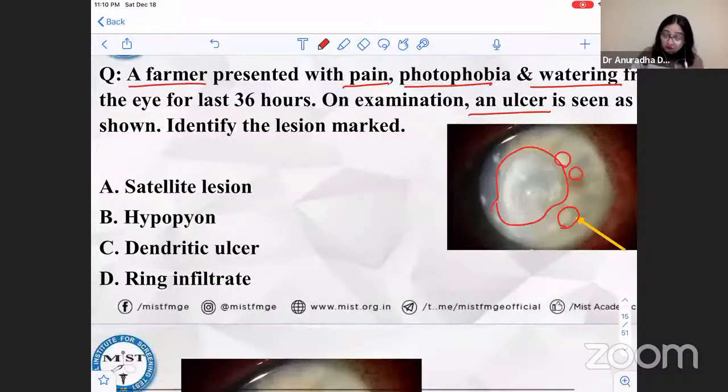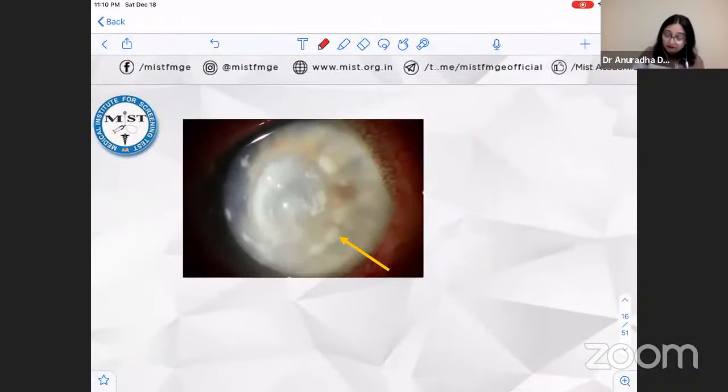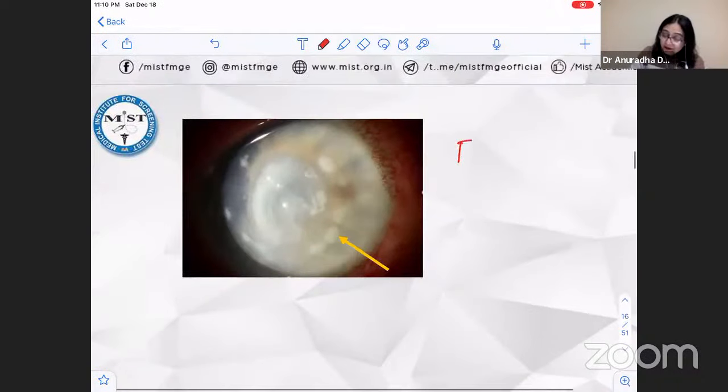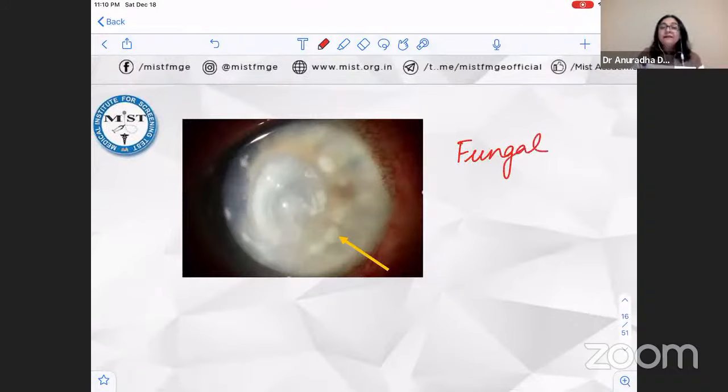So let me take you through the image once more. History is telling us that it is a fungal ulcer because it is a farmer. Then the lesion also which they have marked. What are the features of fungal ulcer if we revise? Raised infiltrate, feathery margins, meaning indistinct margin, satellite lesions.